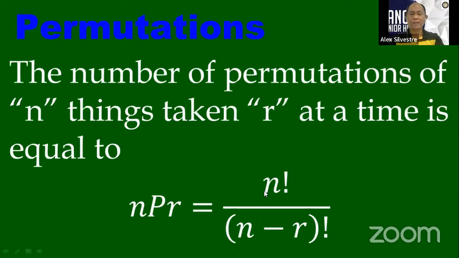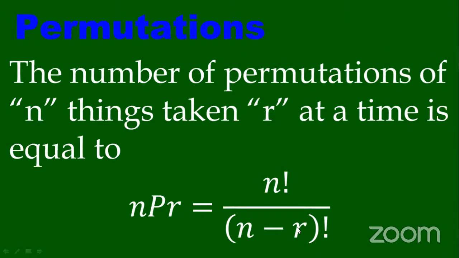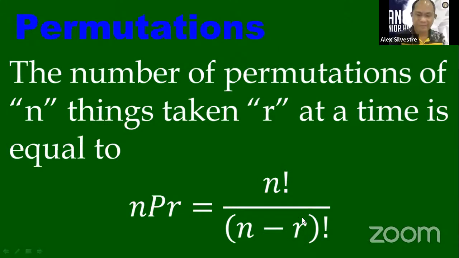The numerator represents n factorial, while the denominator will be n minus r, then factorial.